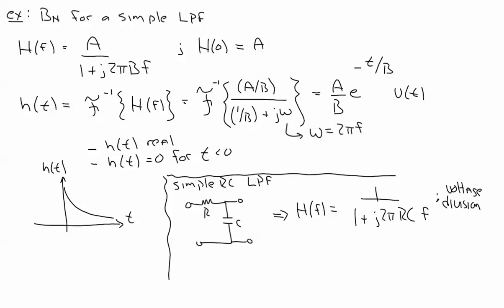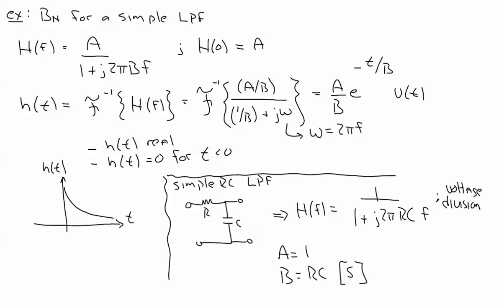In this simple low-pass filter case, A would equal 1 and B would equal just the time constant RC. That's a time constant that would have units of seconds.